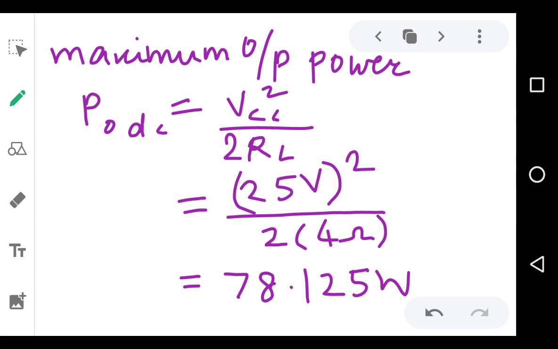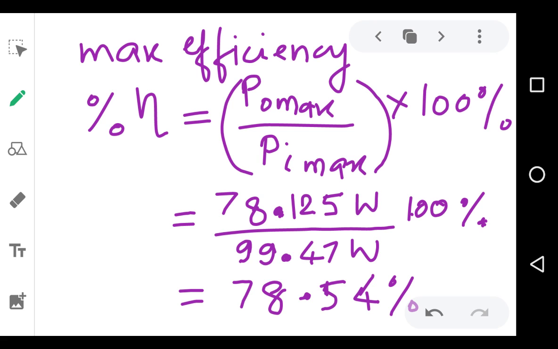Maximum output power is VCC square upon 2 RL, so 78.125 watts. So the difference between the output power and input power is by a fraction of 1 upon pi. The maximum efficiency is P0 max upon Pi max into 100, which comes out to be 78.54%.